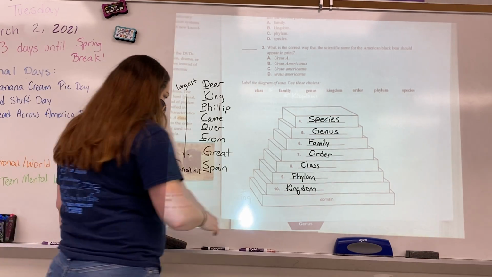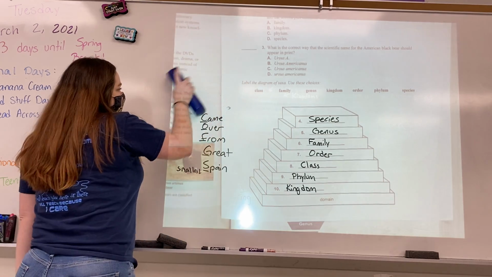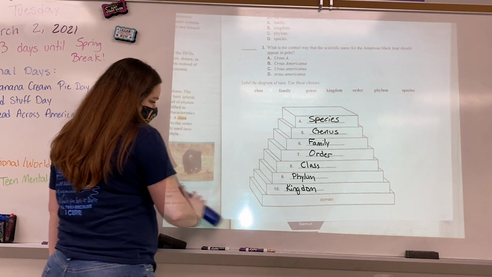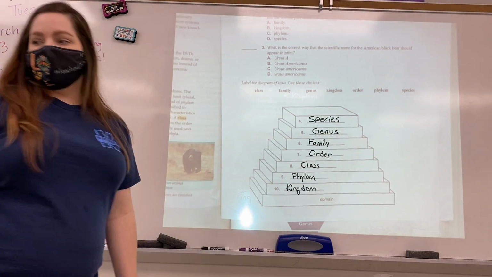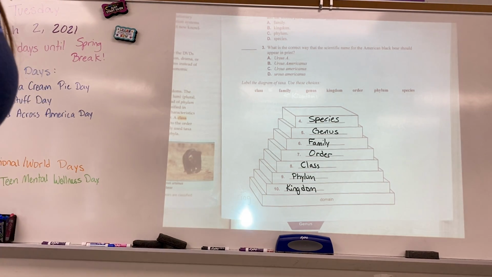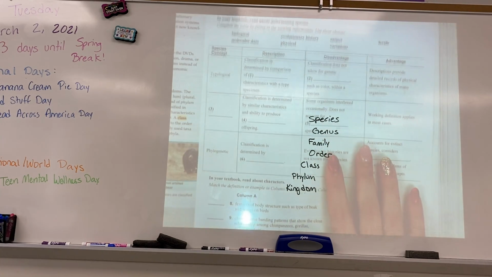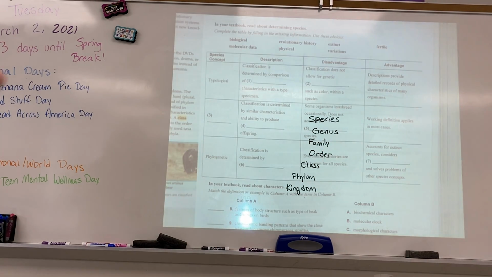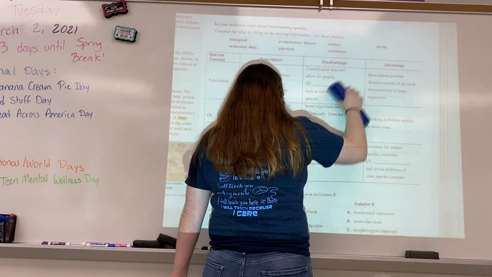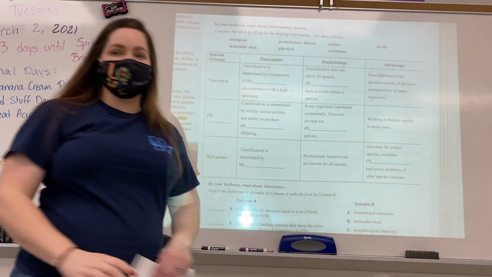All right. So, let's go on to our next page. So now we're looking at the page that is front and back. Now we're looking at modern classification. Those were the early forms of classification that we had. Now we're going to look at our modern forms of classification that we have today.